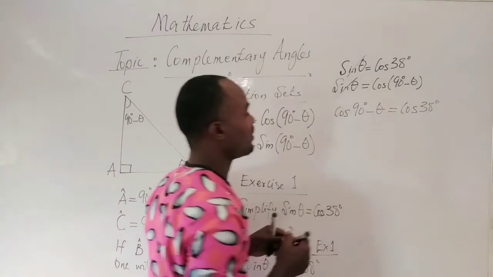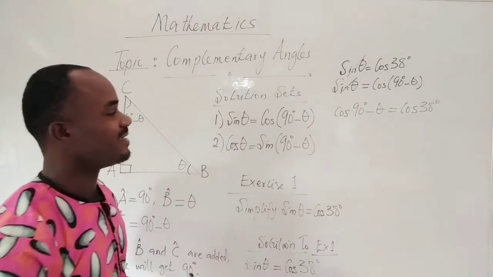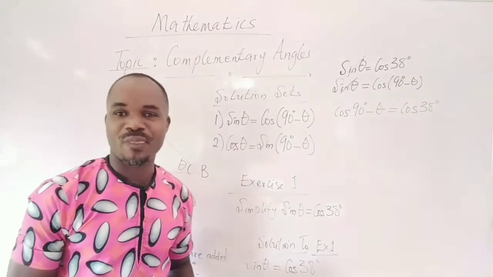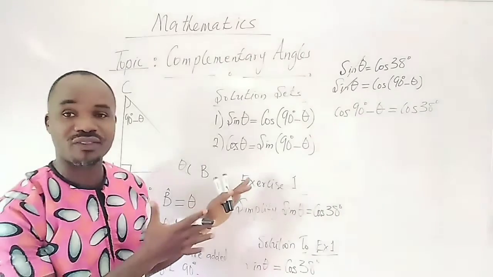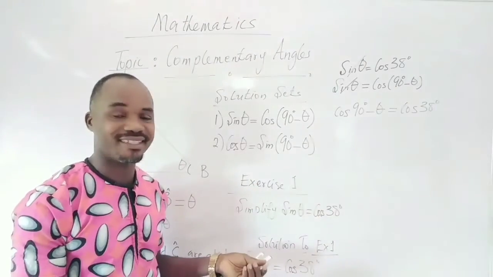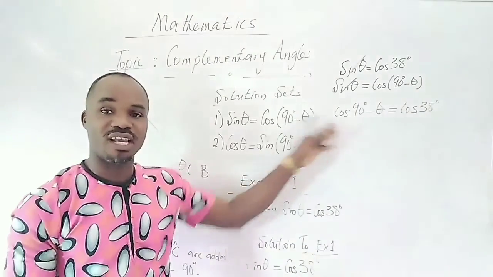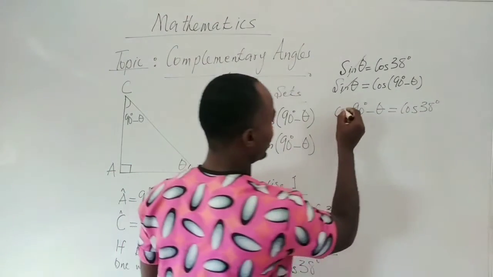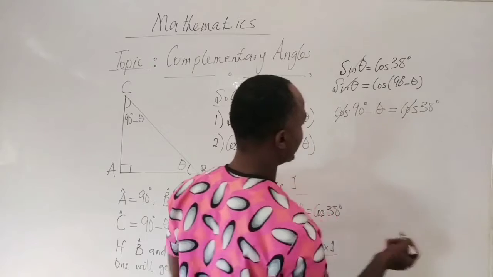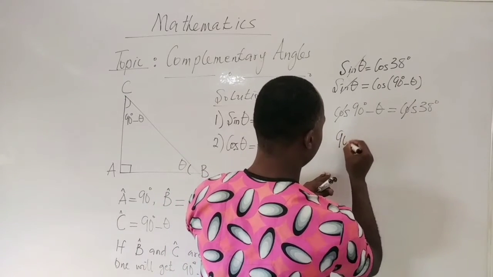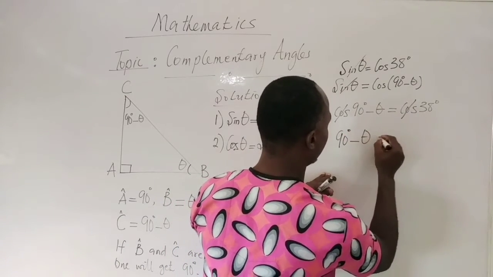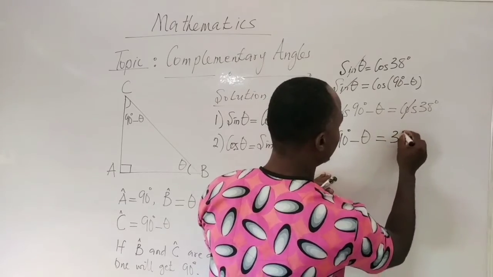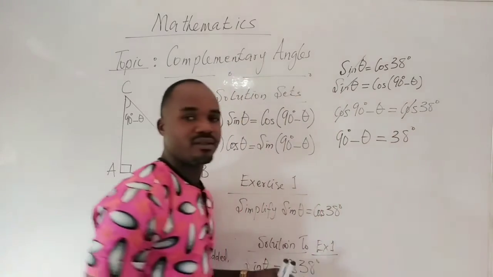The next thing is to cancel again, because cos appears on the left hand side and also on the right hand side. So we do away with it, and we are left finally with 90 degrees minus theta equals 30 degrees.